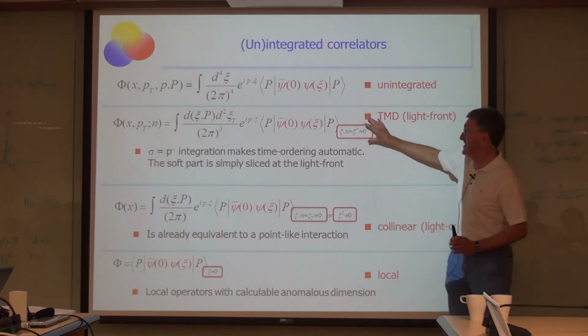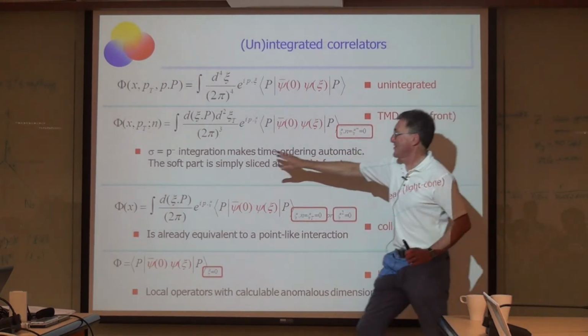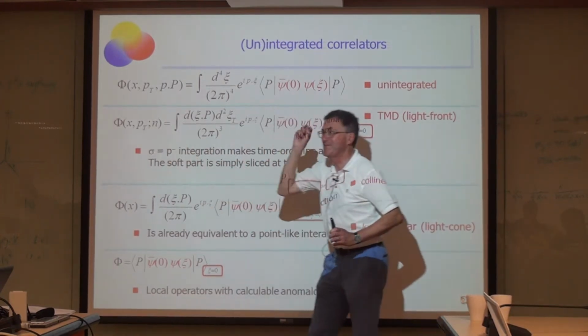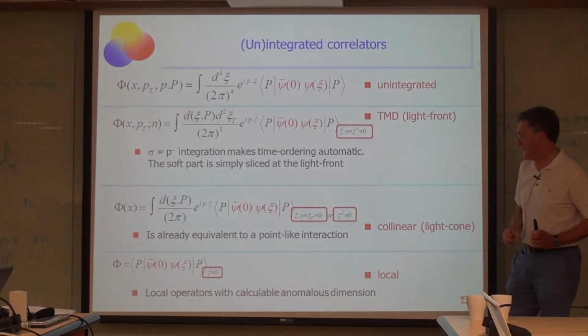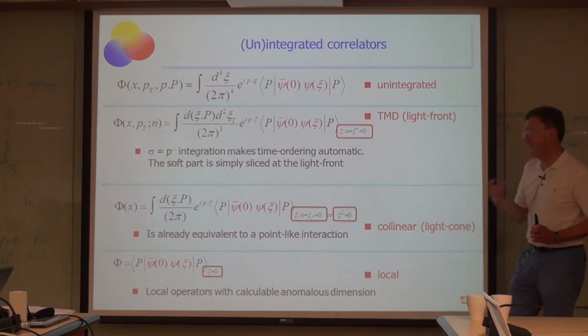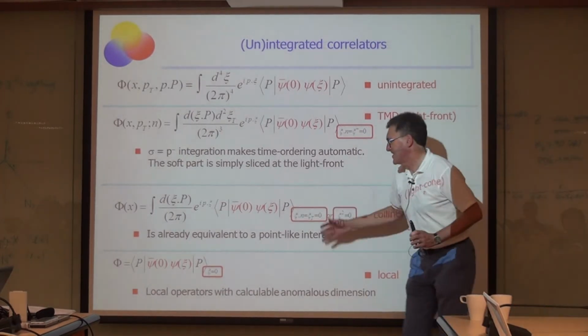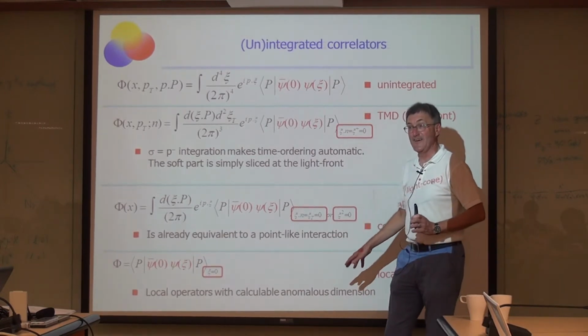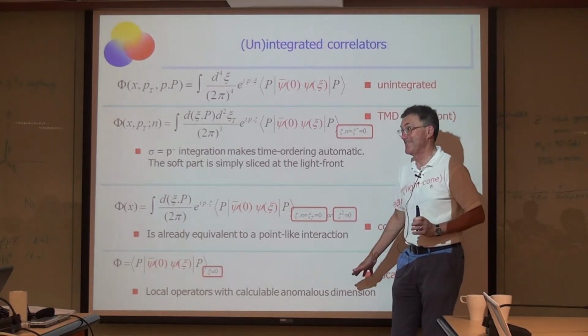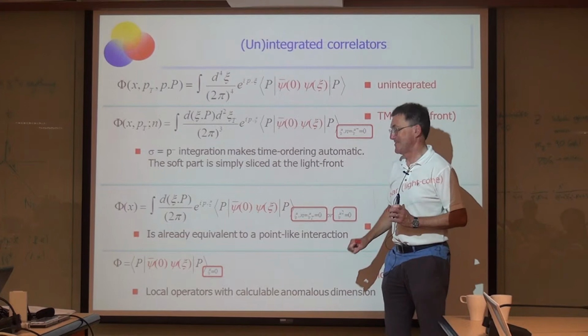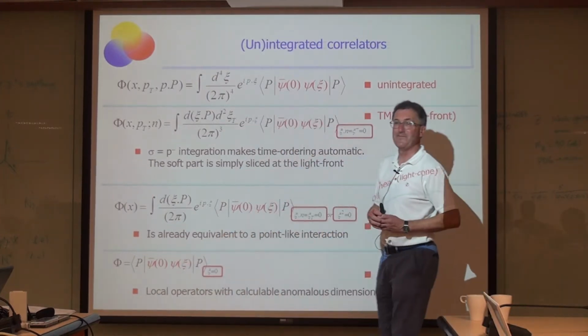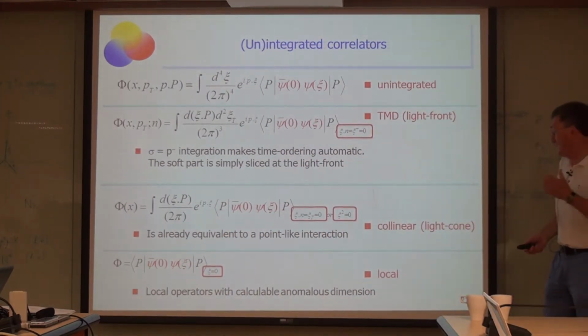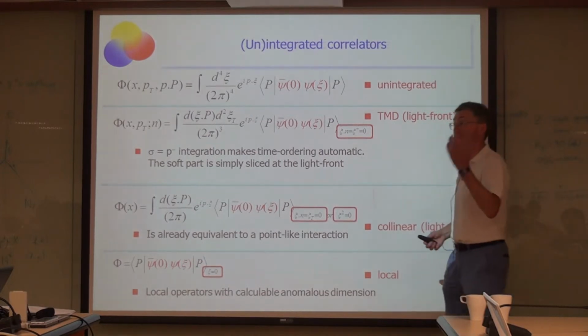So that's the nice thing already of TMDs. And TMDs are much richer than these because they do have one additional variable. And that's what I'll get to tomorrow, this richness of TMDs. And if you integrate these things one step further, you have local matrix elements, and then every theorist is happy because local operators can be used, and you can calculate anomalous dimensions and whatever.